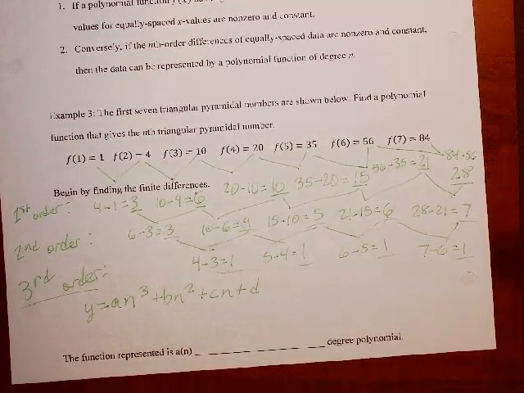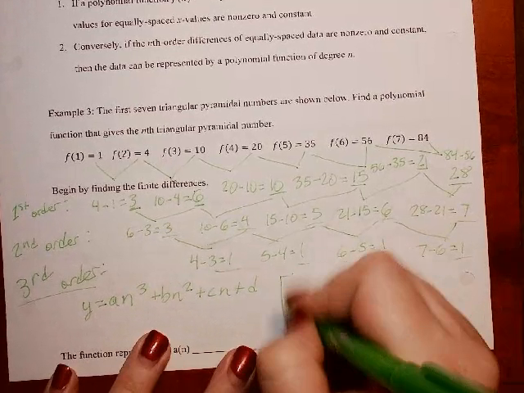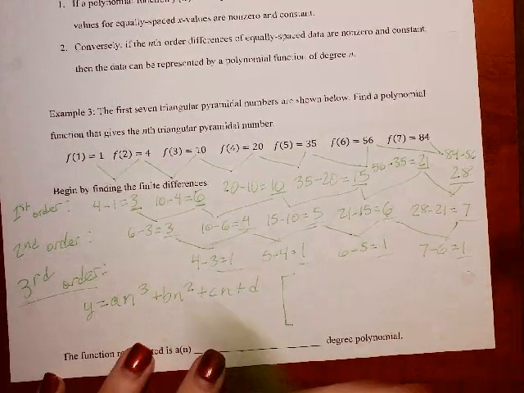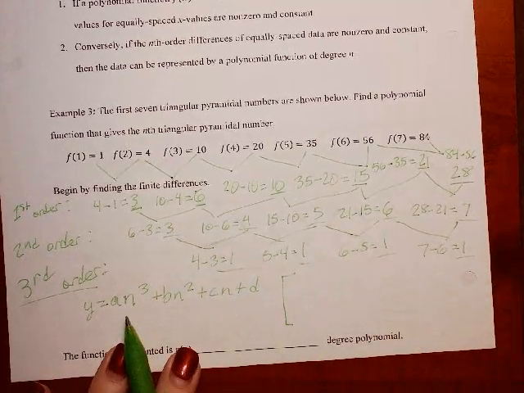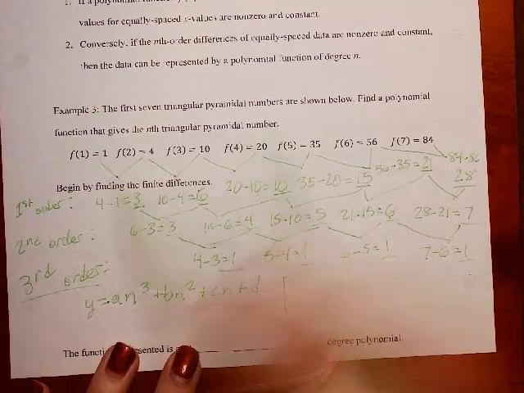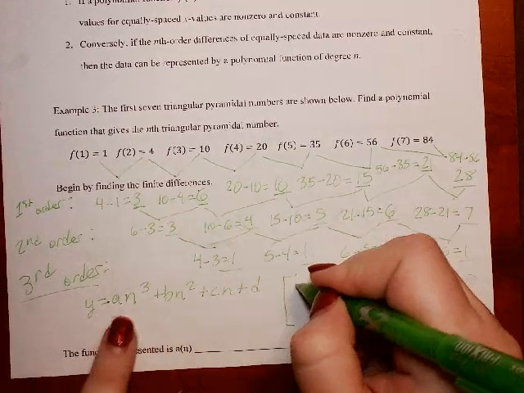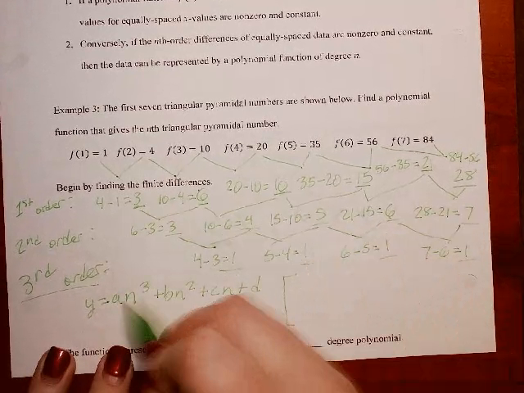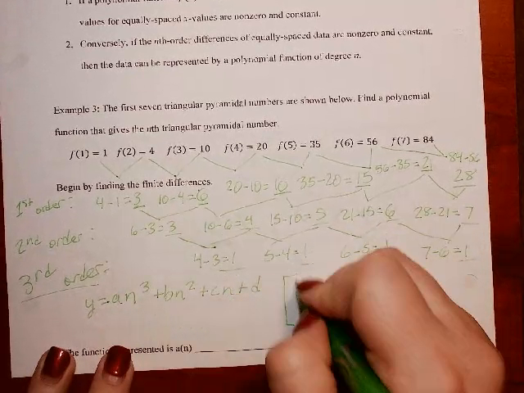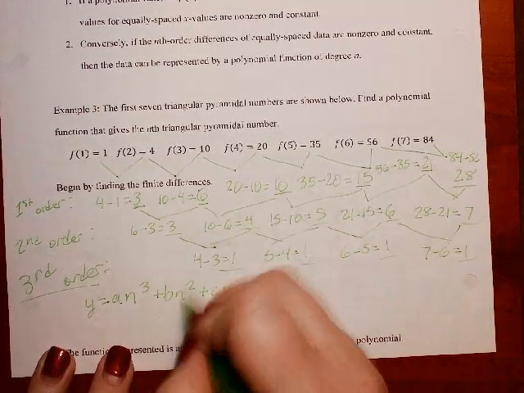So because n here is going to be 1 for the first row, we are going to get 1 to the third, which is 1, so 1a, and 1 squared times b, so 1b, 1c, and 1d.